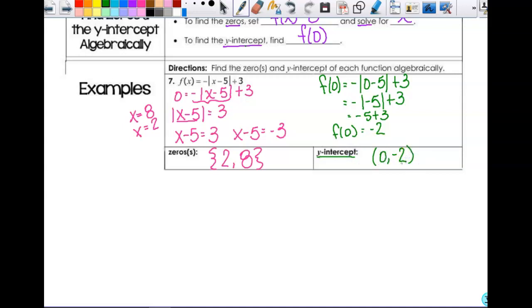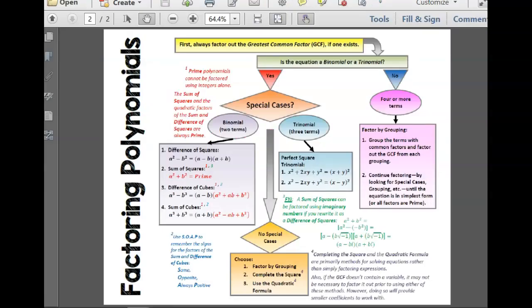All right, something you have in your folder is the factoring polynomials flowchart. Here's a little crash course, a reference sheet that I think can be very helpful. I put stuff on your summer assignment for you to practice factoring, so I would expect that you have practiced it and that you can actually factor, because if not, this year is going to be very difficult for you.